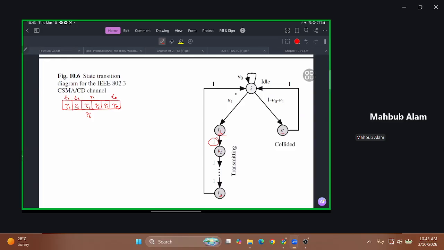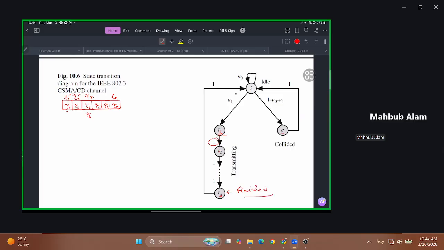So with probability 1, from T1, after this tau c duration, the chain will move on to T2, from T2 to T3, and till Tn, the Markov chain will move with probability 1. At Tn, we have the transmission finished.